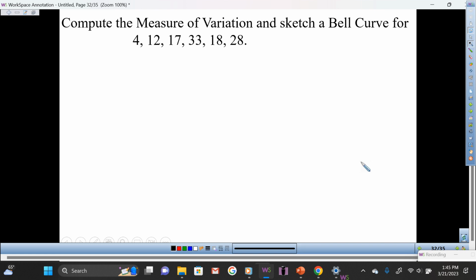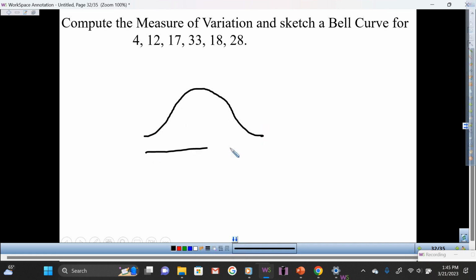So let's see. Pedro. Mean. 18.7. Hands, have you got that? All right. Okay. Variance. Pass on one.